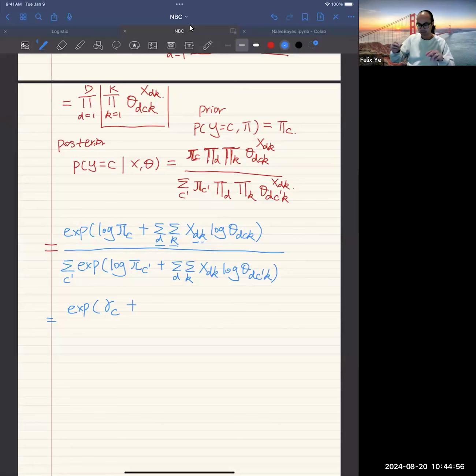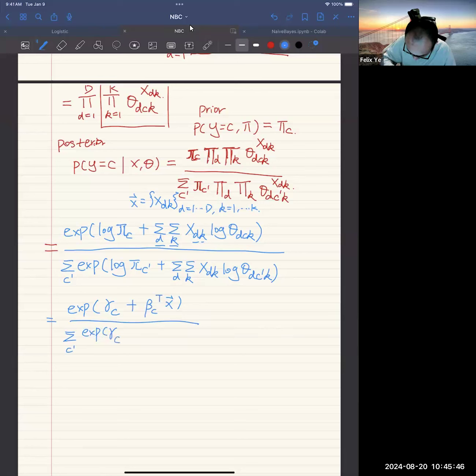We treat d and k as a combined index, so x here is a whole vector of x_dk, where d is from 1 to D and k is from 1 to K. You can do similar things on the bottom: the sum over c prime of the exponential of gamma_c prime plus beta_c prime transpose x. Here, this gamma_c is the log of pi_c.